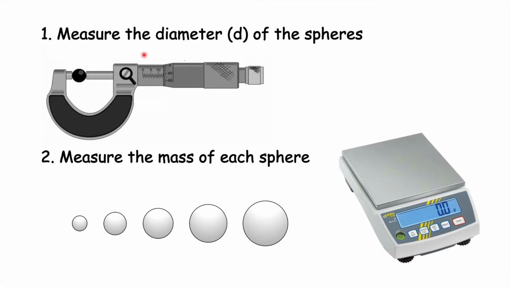Step 1. We will measure the diameter of all spheres. Step 2. We will measure the mass of each sphere by using a digital balance. With these two quantities, we can derive the density of the object.